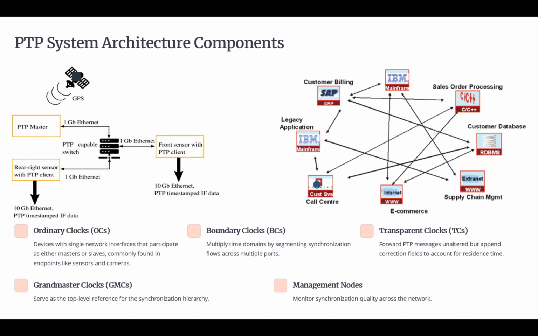Now, another component in the architecture is the boundary clock, as we mentioned, which connects multiple parts of the network and passes the synchronized time from one side to the other. We said this helps divide a large network into smaller networks. By doing that, we can keep the different sections isolated from each other, so they would not affect each other.